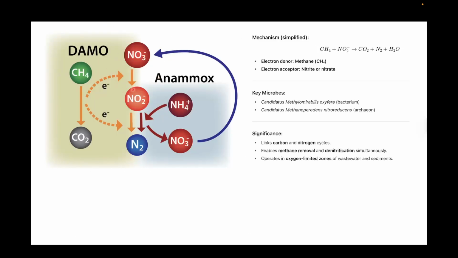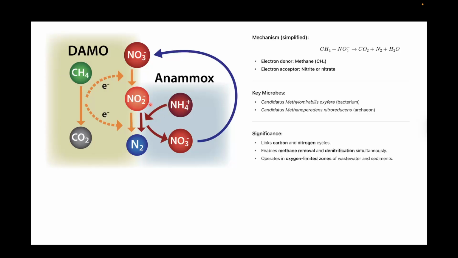This is the diagram which will help you clear things out. In NDMO archaea, the conversion of methane to carbon dioxide happens by consuming nitrites and nitrates, which are the products of the Anammox reaction, the products of ammonia oxidation.